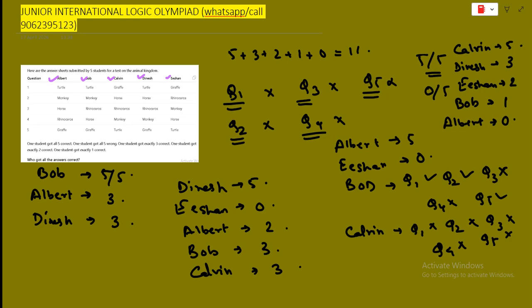Every single rule is satisfied over here. So Kelvin is our secret animal expert. He got 5 out of 5. So in logic, the loudest person, Albert, is not always the right one.